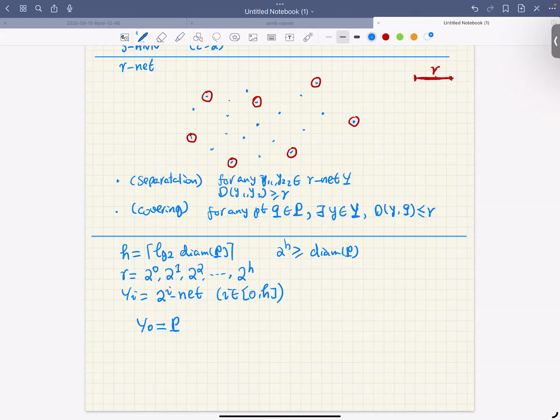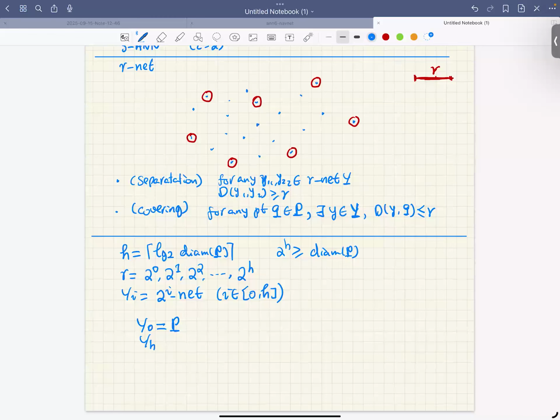Now let's look at the other extreme. What is YH? Remember, YH is the 2 to the power of H net, but 2 to the power of H is at least the diameter. I argue that you have only one point in your net.